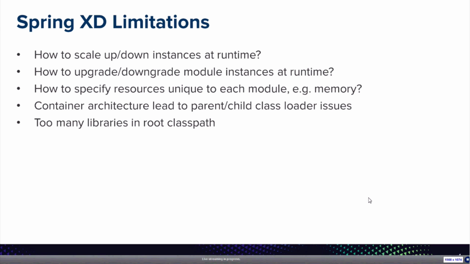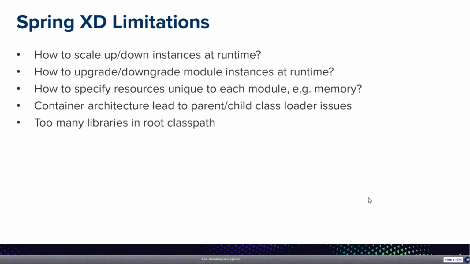And another issue that came up really is potentially you might have an application or one of these modules that needed more memory than the others. So maybe it needed more disk as well.